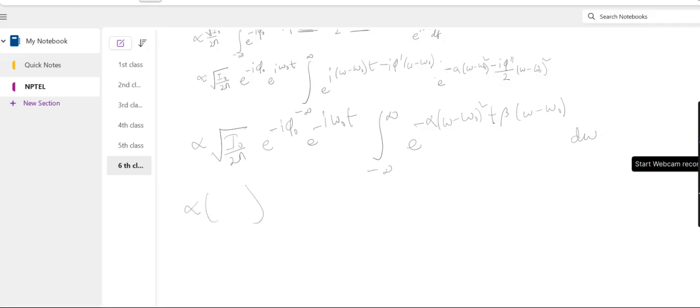So this thing is this, okay, so this is positive, where e to the power i omega naught t, and here it would be root pi. So here alpha is basically a plus i phi dash dash by 2, and beta is basically i t minus phi dash.